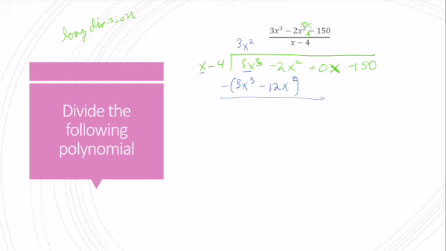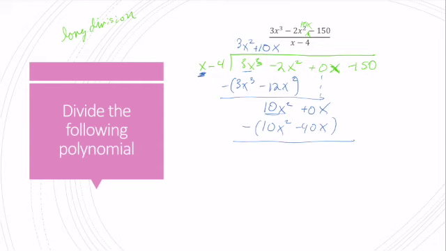I have negative 2x squared minus a negative 12x squared. Well, two negatives make a positive. So I have 10x squared, and then I pull down my 0x. Now I want to know, what do I multiply x by to make it look like 10x squared? The answer to that is just going to be 10x. So I have 10x squared minus 40x.